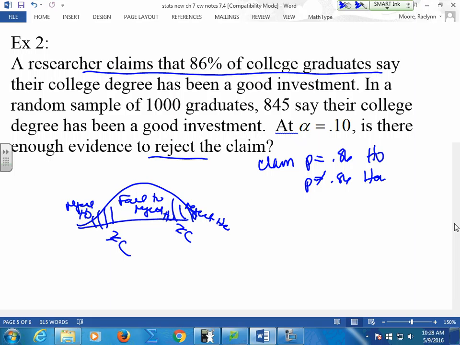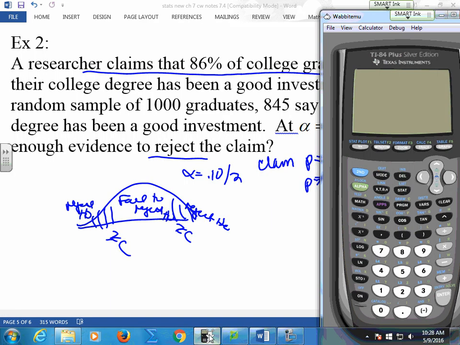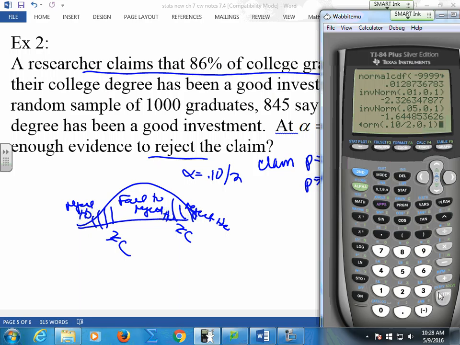But this is the case where you have to take this level of significance and cut it in half. Both have to share 0.05, 0.05. So now, when you look up inverse norm, just do it right in here. If you want to just say 0.10 divided by 2. You could say 0.05 if you wanted to, but why take a chance that you make a mistake? And one is the positive, one is the negative.